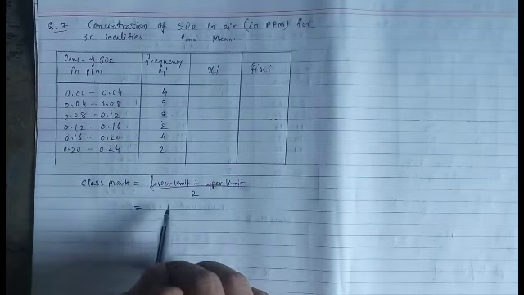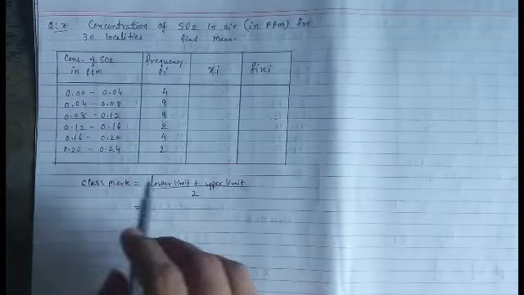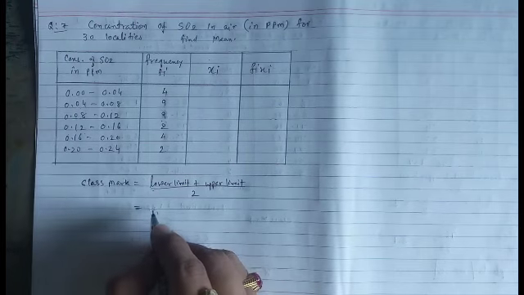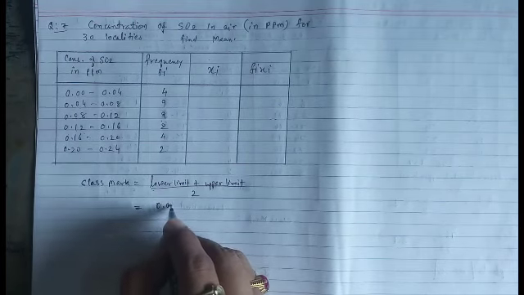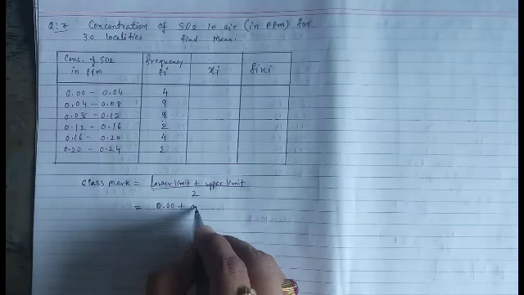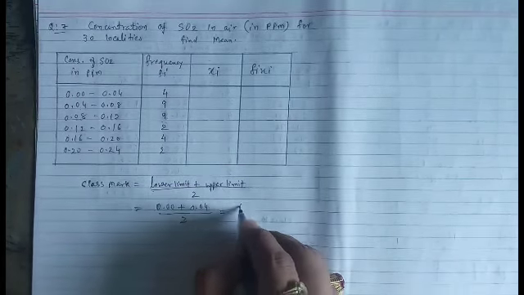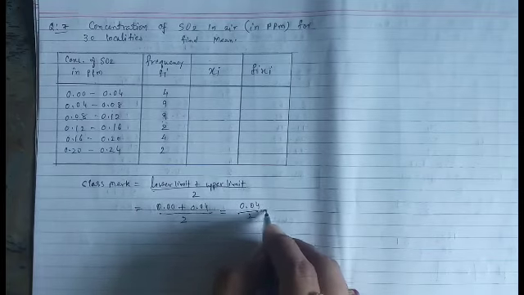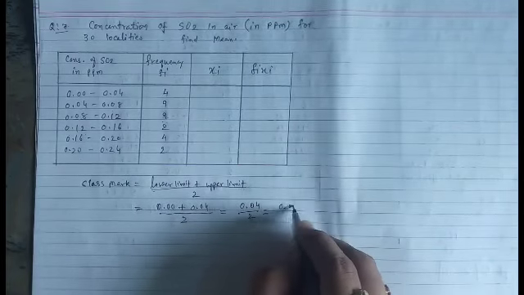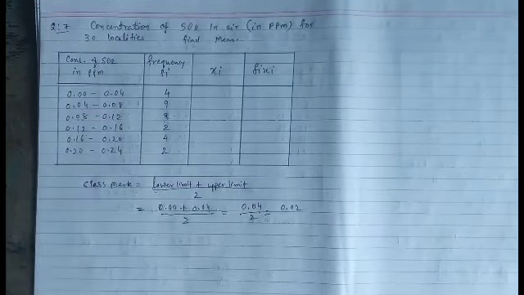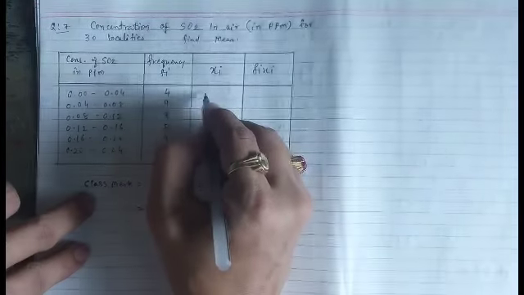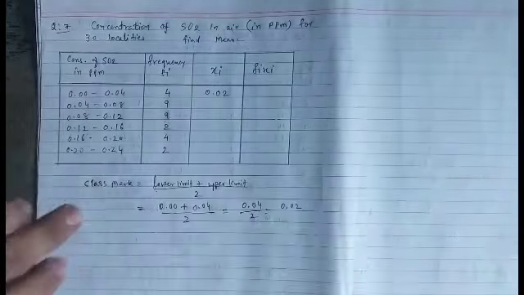We know class mark is lower limit plus upper limit divided by 2. For class 1, lower limit is 0.00 plus upper limit is 0.04 divided by 2. Sum of these two will be 0.04 divided by 2, that will be 0.02. So the class mark for class 1 is 0.02.